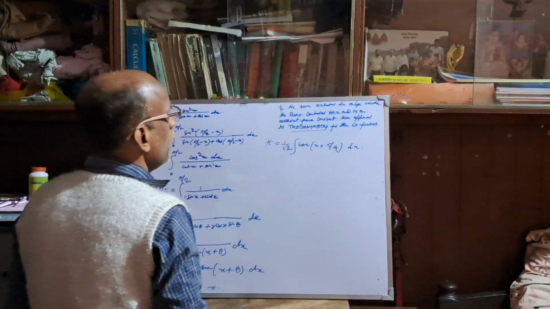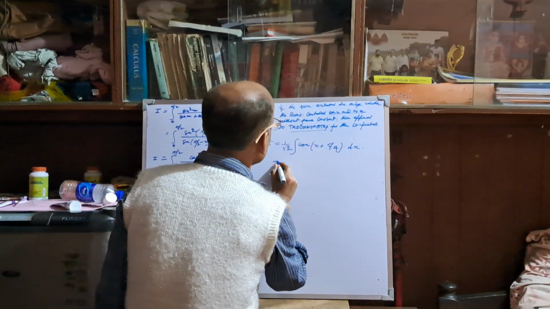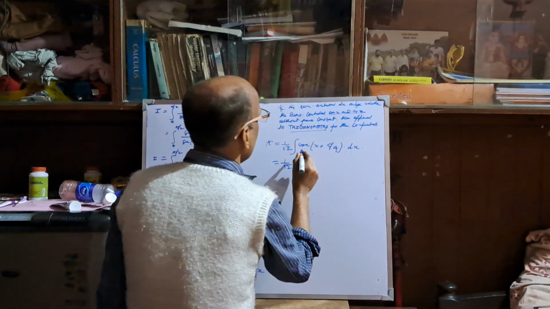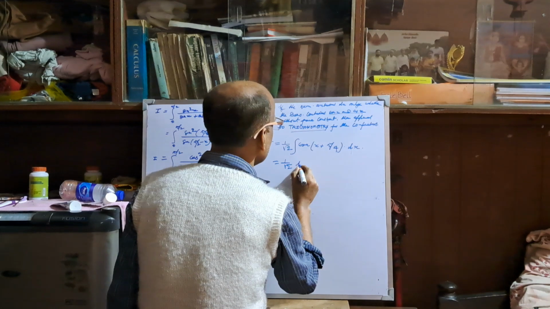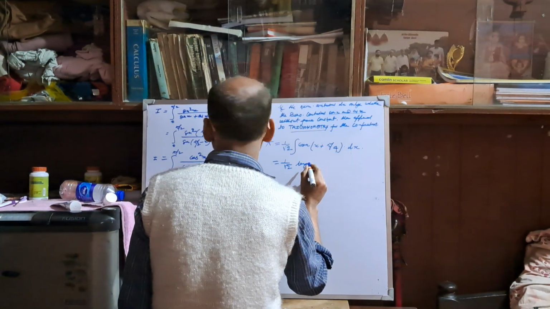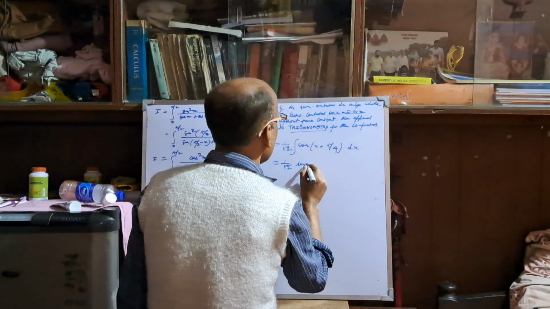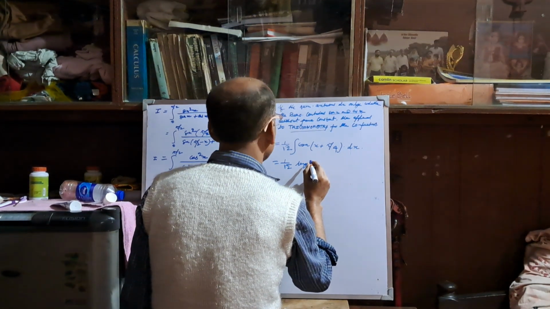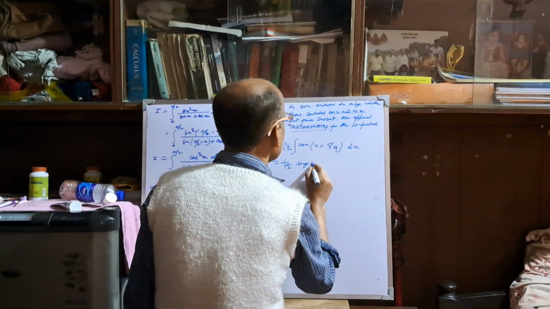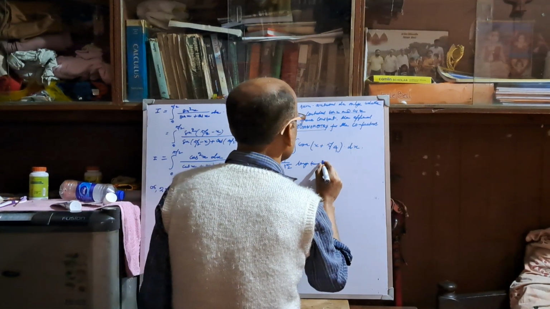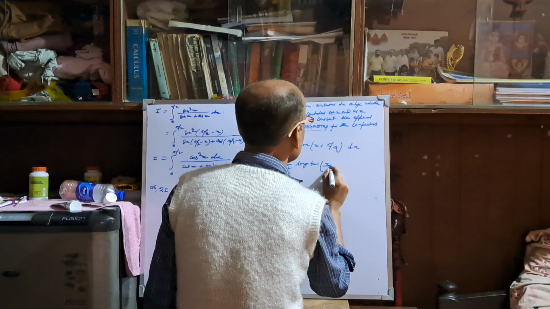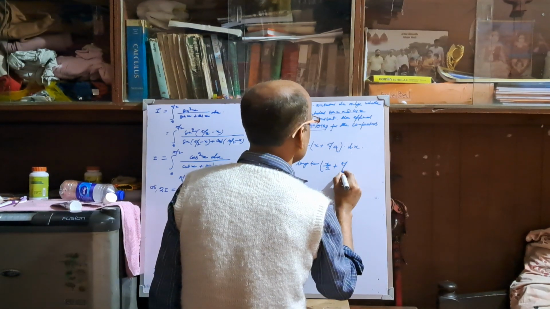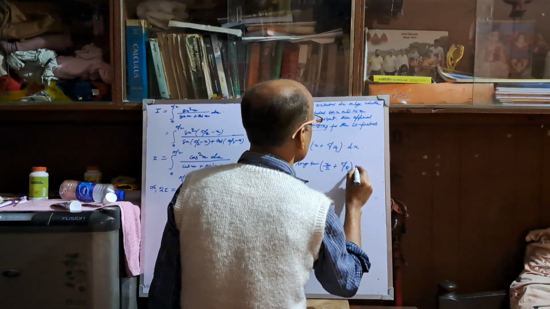You just see here, and this will be 1 by root 2, and that will be log tan, that will be log tan of x by 2 plus pi by 8, and this will be dx.